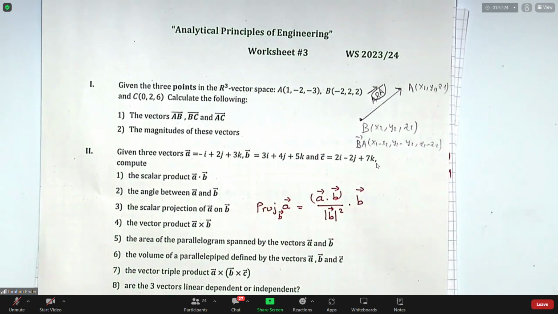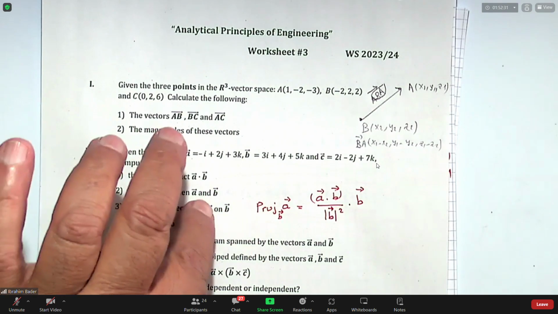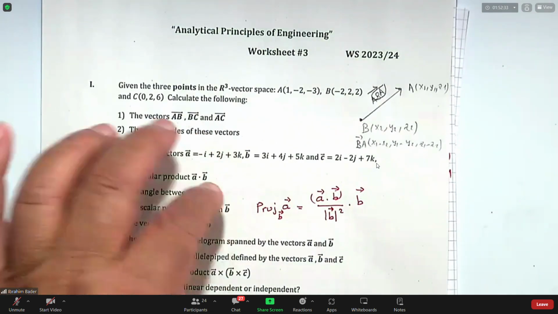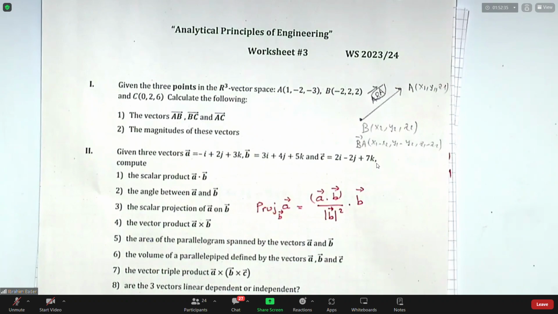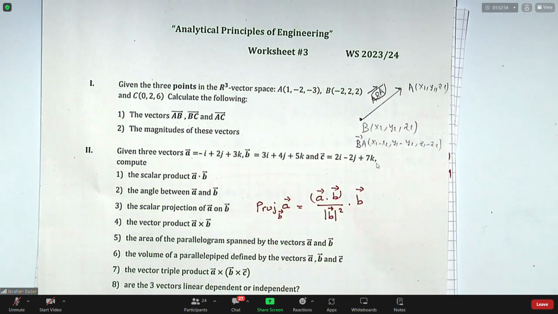This is the formula for the projection of vector A on B. Notice that B is the second one in the formula. It's defined as the dot product divided by the magnitude of this one down here, multiplied by B. So this is the vector. The scalar projection is only this one here.